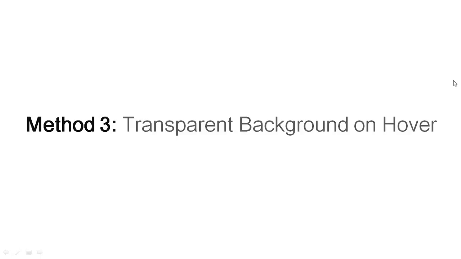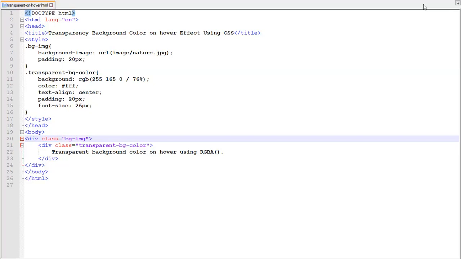Method 3, transparent background on hover. In addition to the first and second method, you can also make a transparent background color only on hover using the same RGBA color. You have to use all the code of the first example and move the RGBA color to display on hover using the hover selector.